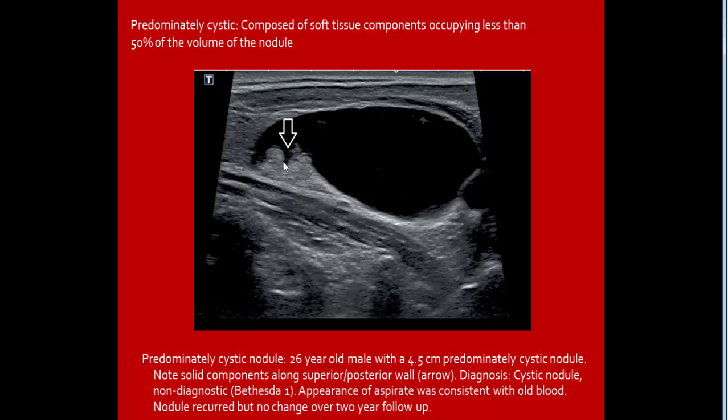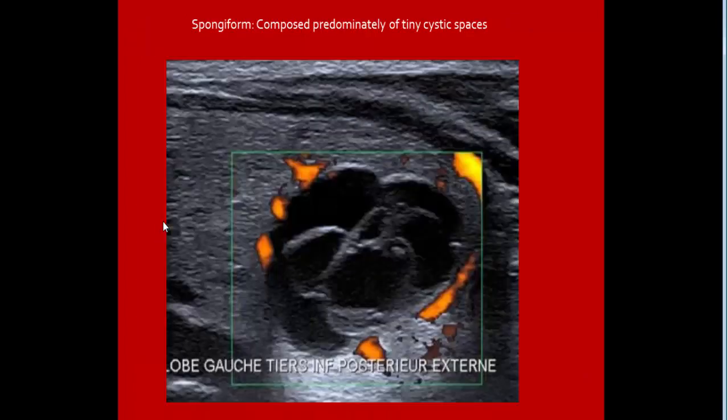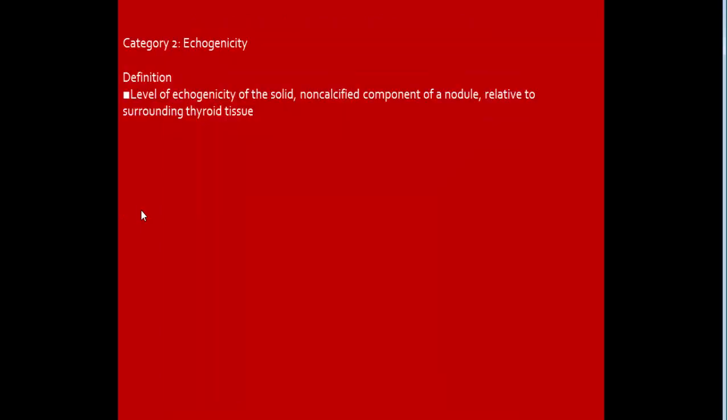This is a case of a predominantly cystic nodule, as we see, a 4.5 centimeter cystic nodule, with a solid component also present along the superior and posterior wall. Spongiform is composed predominantly of tiny cystic spaces, clusters of small tiny cystic spaces. This is the 4 categories of composition.